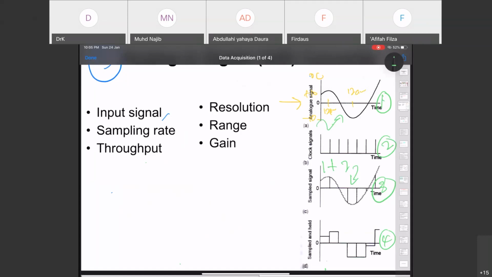So when the signal enters A2D, number 2, number 3, and number 4 basically will be happening. So graph number 2, you have the clock signal. Okay, the clock signal basically is a spike train signal.